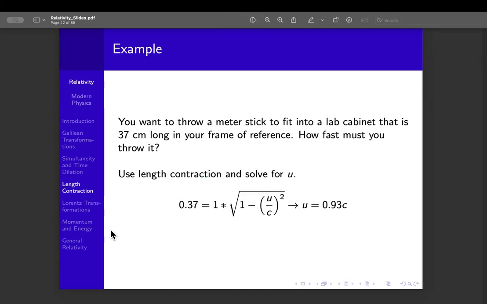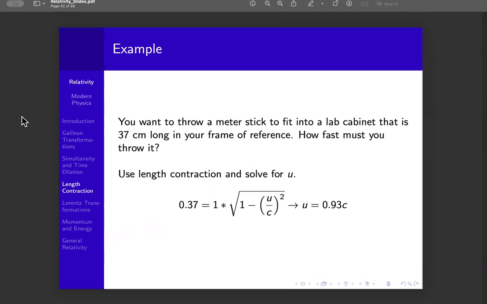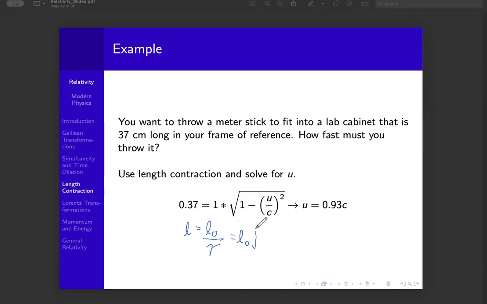So here you go: our length contraction formula, L equals L0 divided by gamma, which is L0 times the square root of 1 minus u squared over c squared. As shown, in order to get that meter stick to fit in the lab cabinet, it would have to be moving at 93% of the speed of light.